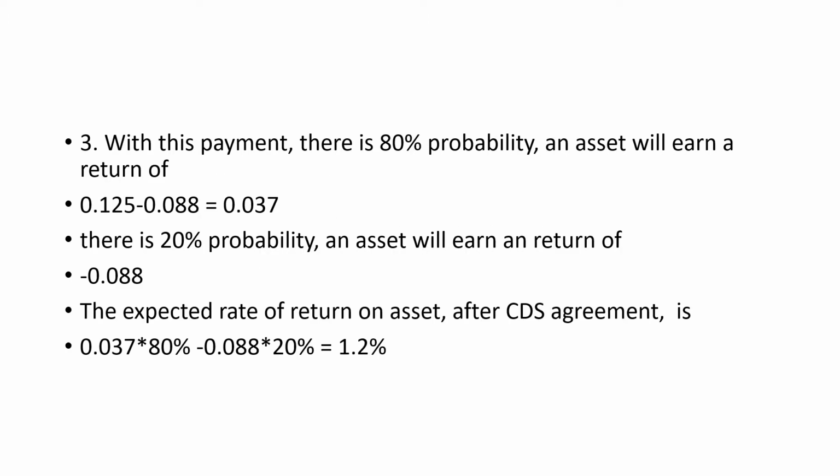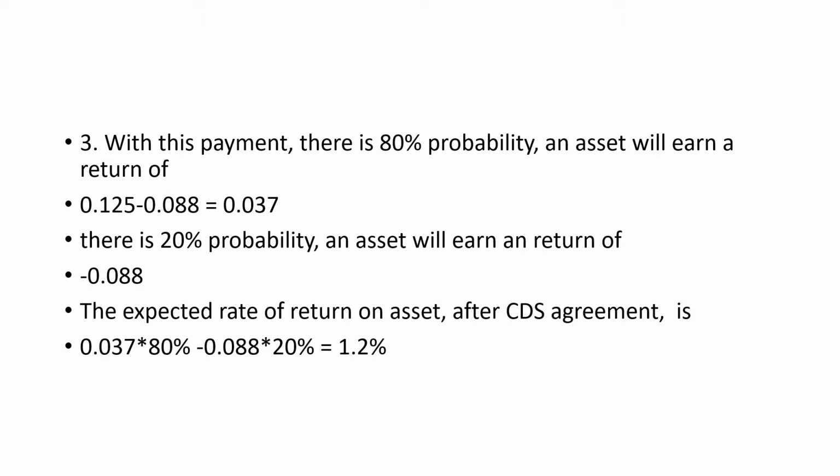3. With this payment, there is an 80% probability an asset will earn a return of 0.125. This is the original return minus 0.088, the insurance premium, equal to 0.037.